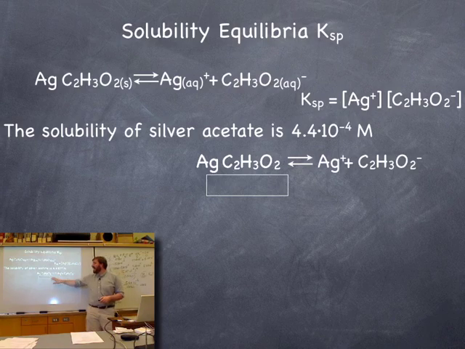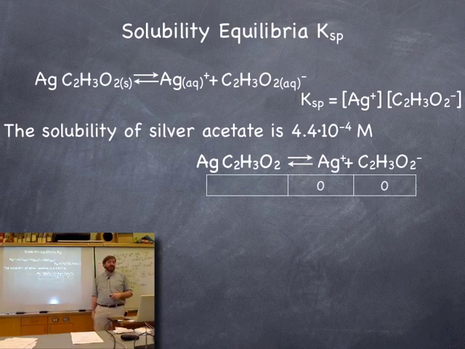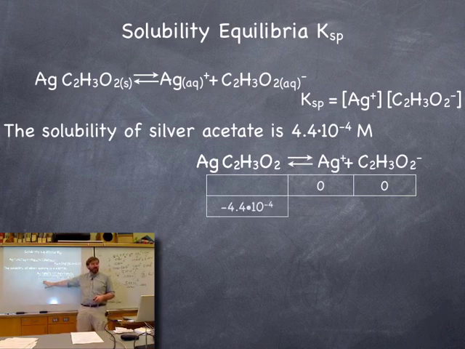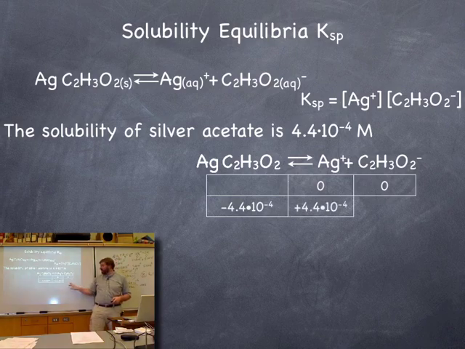I know that I have some amount of the silver acetate. We don't really care about how much we have because it's not part of the Ksp. But I start with 0 of the silver and 0 of the acetate. What I know is that from this sentence right here, the solubility tells me how much silver acetate broke apart. That's essentially like the change value. It's how much of the solid broke apart, which will give me the value for the silver and the value for the acetate, right?